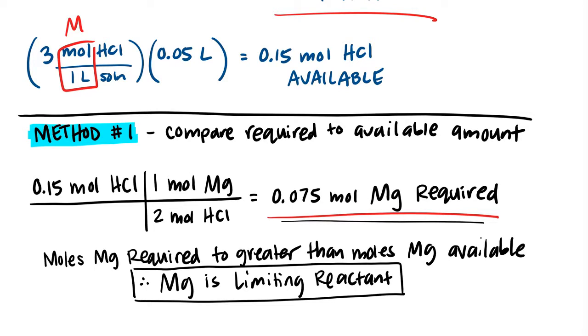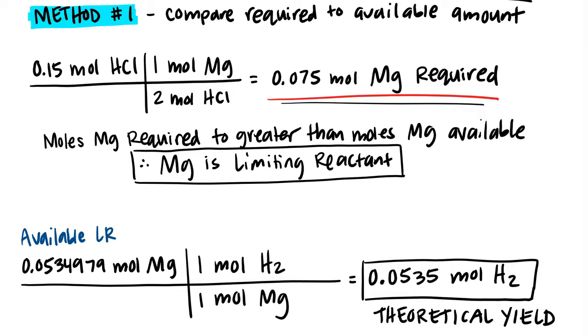Next step, if you choose this method, is to now take your available limiting amount and convert it over to moles of product. Okay, so we have already calculated the moles of magnesium available, so I'm just rewriting it here. And then I'm using my mole to mole ratio, aka your coefficients from the balance equation.